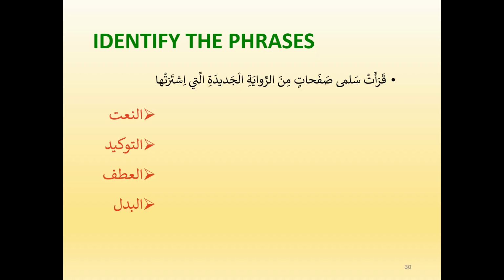What this is basically saying is that Salma read pages from the new book that she bought. Is there any phrase here that you see, Sister Momina? Salma bought a book.